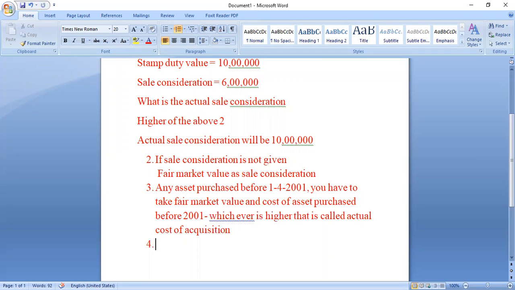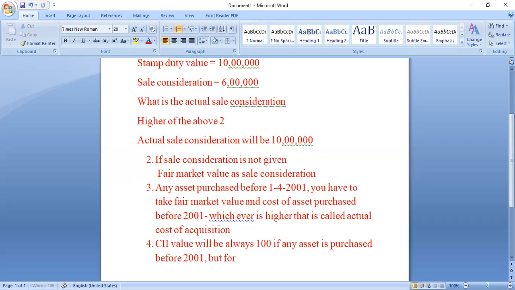Fourth point, the CII, the cost inflation index value, will always be 100 if any asset is purchased before 2001.